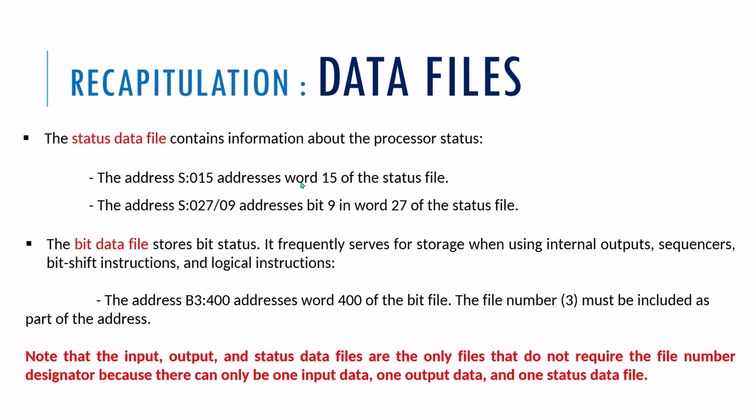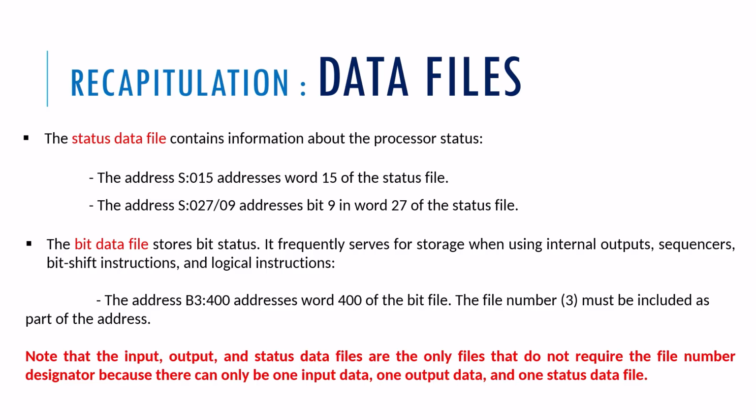Here we are specifying word 15 of the status file, and this is a more elaborate address where we talk about a particular bit in word 27 of the status file, that is bit number 9 in word 27.